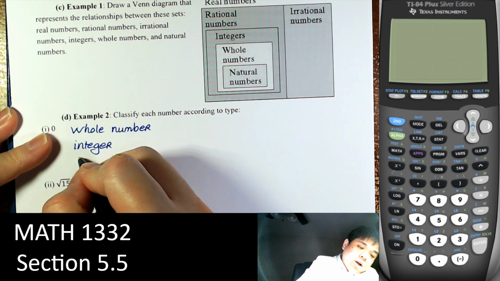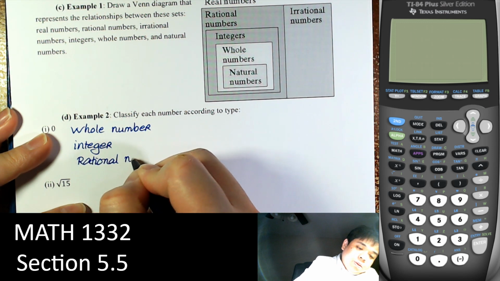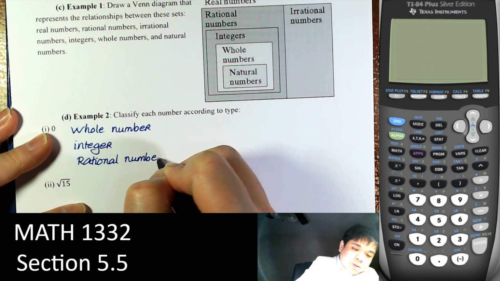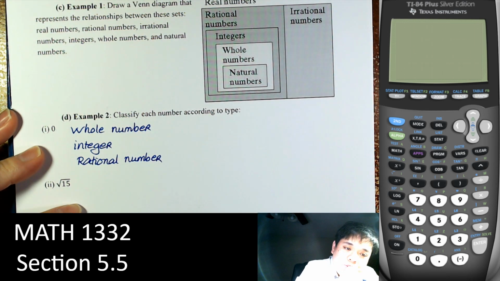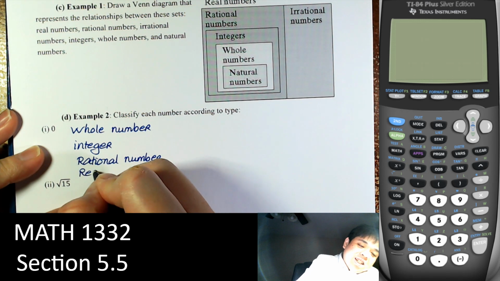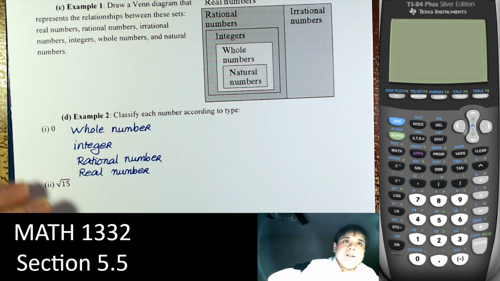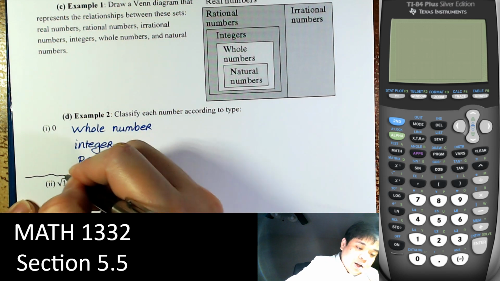And then a rational number. That's it. And then of course also a real number. I forgot that. So that's where those sets belong.